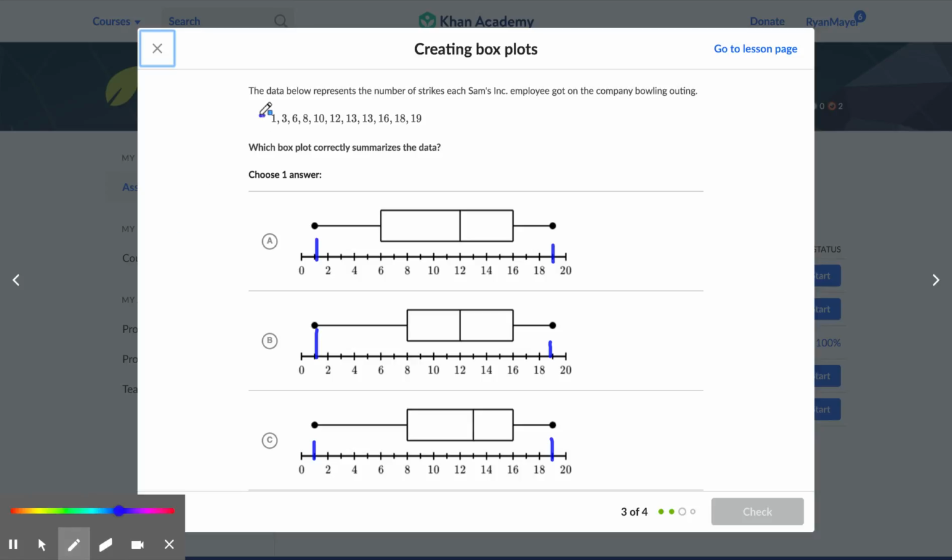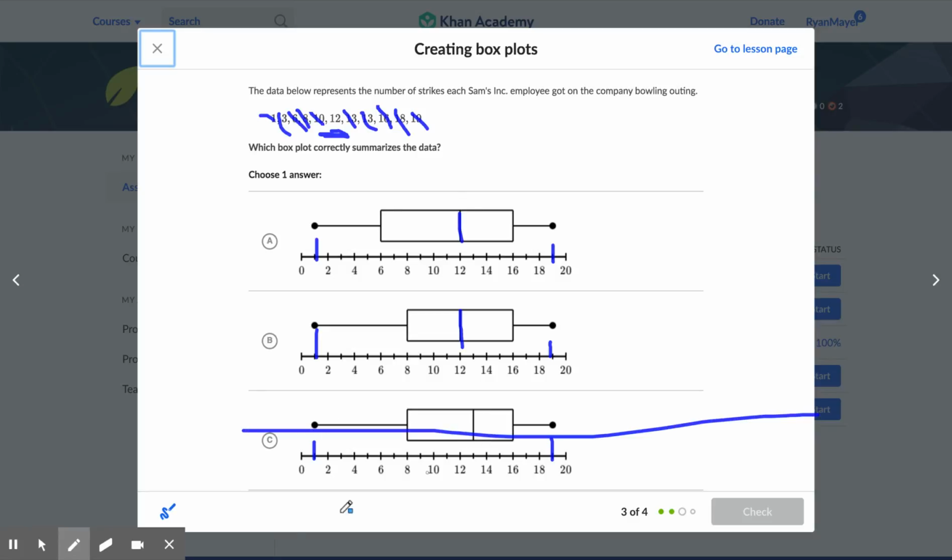I apologize, I know it's riveting watching me make slashes on all these numbers. So we take out the 16, take out the 6, take out the 13, take out the 8, take out the 13, take out the 10. You should see I'm left with a median here. The median is 12. So 12, that goes down to 12, that goes down to 12, and this goes to 13. So we can cross C out. C is not an answer.